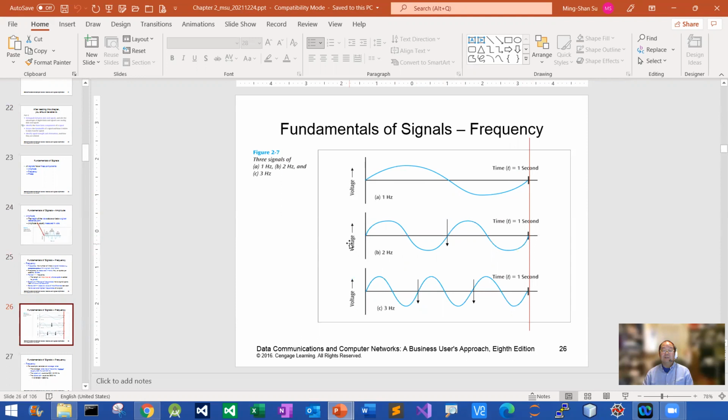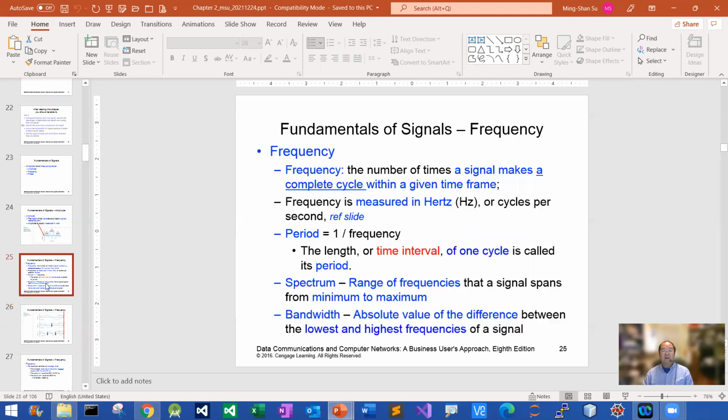The period of figure B will be 1 divided by 2, so 1 cycle takes 0.5 seconds. Figure C will be 1 over 3, or 0.3333 seconds.